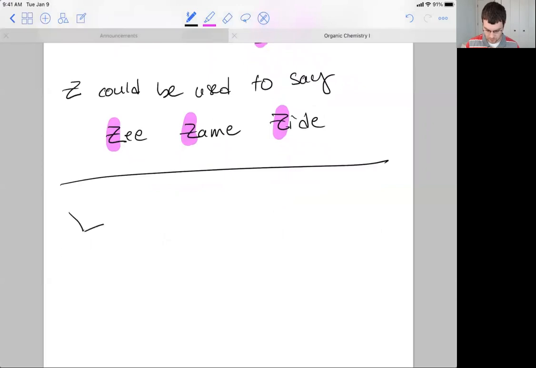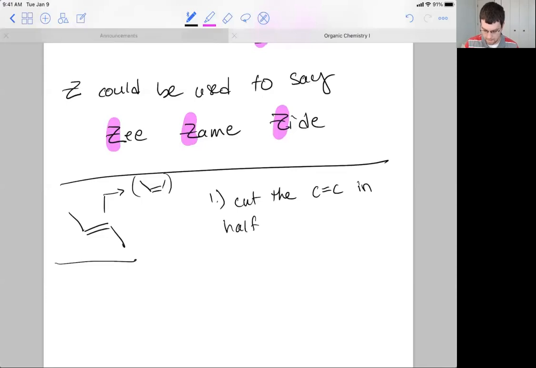Okay, so what we do is let's pick an alkene that has a stereoisomer to start. We have this molecule. I'm saying that it has a stereoisomer, which is this. But let's start with this first one here. What we're first going to do is cut the C=C bond in half at a 90-degree angle.